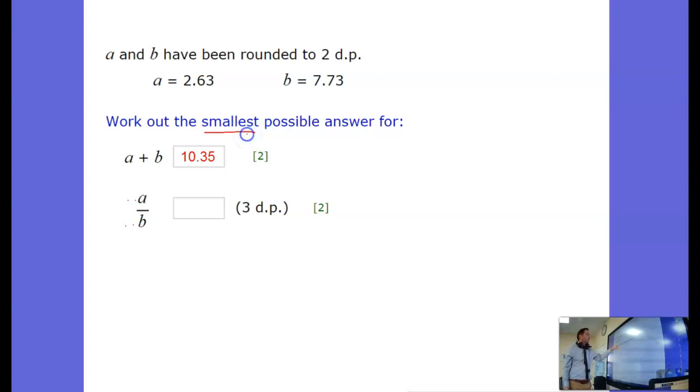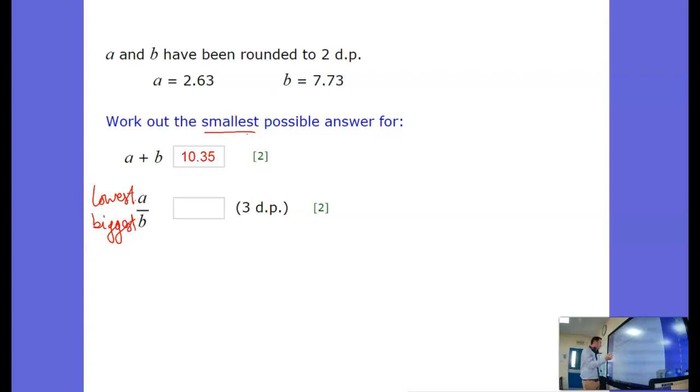What we want is the smallest possible answer. So how are you going to win the least money? Well, that's going to be having the least money to start with. So the lower bound for A, and then share it between loads of people. Dividing it by loads is the way that you end up with the least money in your pocket.